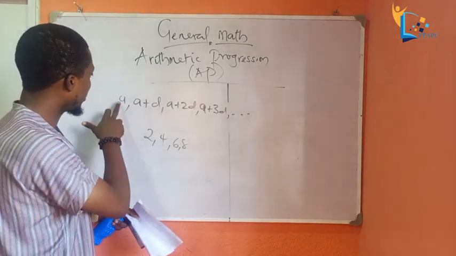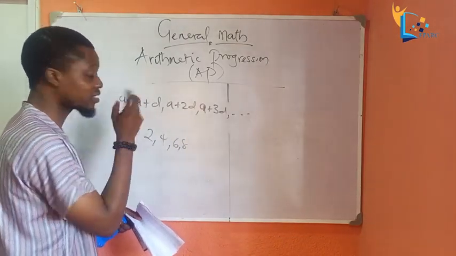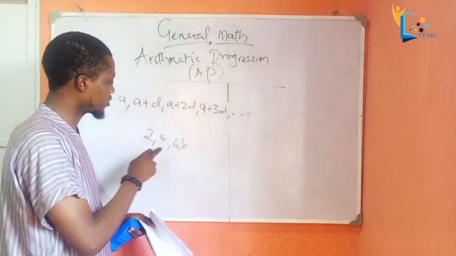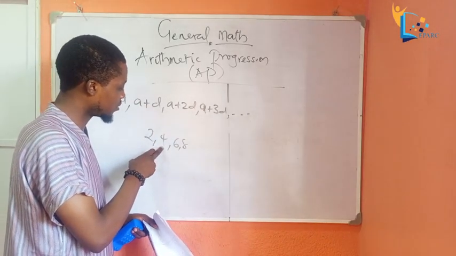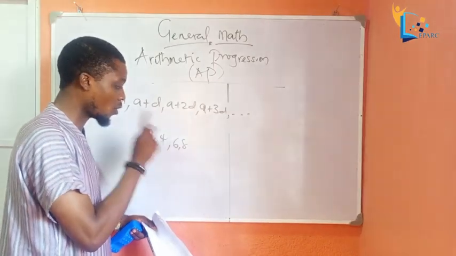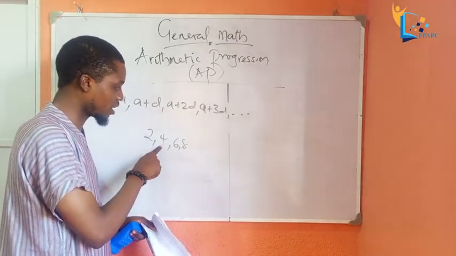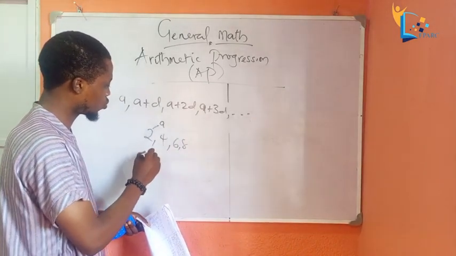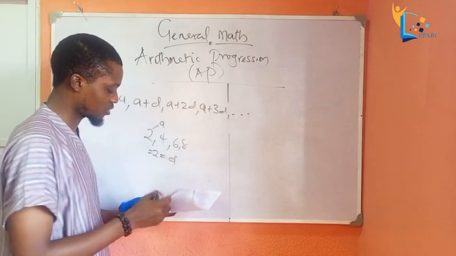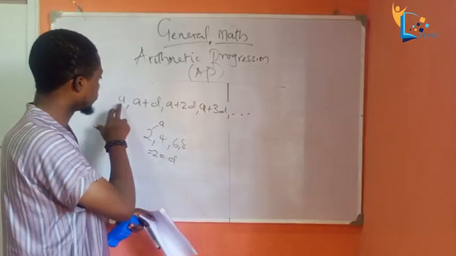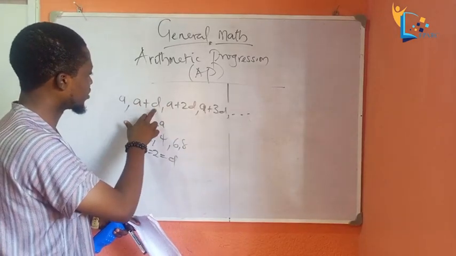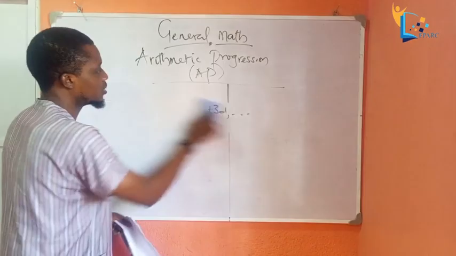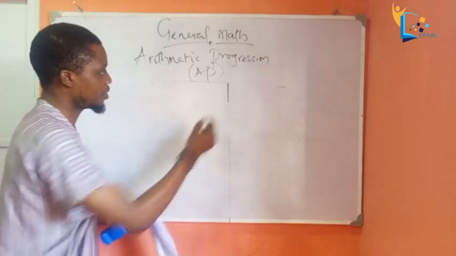So A represents the first term, then D is the common difference. The common difference is the second term minus the first term, or the third term minus the second term. So here 2 is A, then 4 minus 2 will give us 2, which is our common difference. Do we get that?